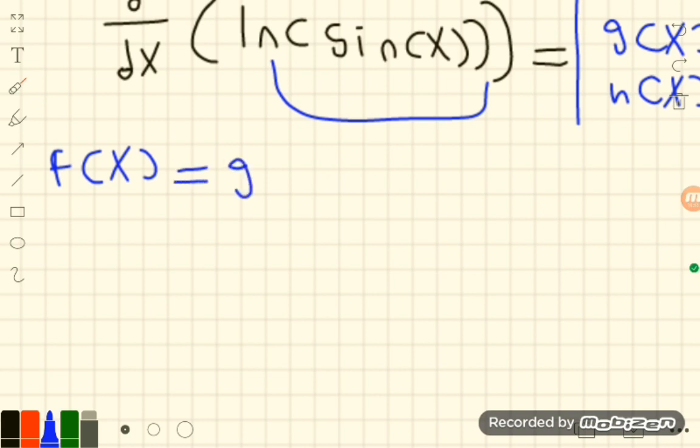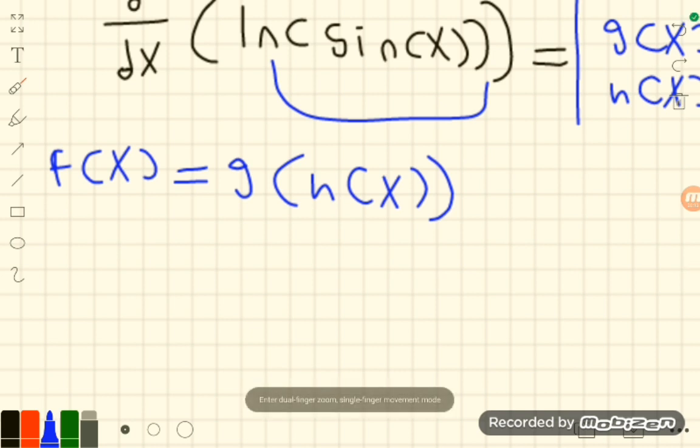You took the natural log of something, and then you took the sine of something, which means that you're differentiating something with respect to something, multiplied by that something with respect to x. Does that make sense? I hope it does. So f of x equals g of h of x.